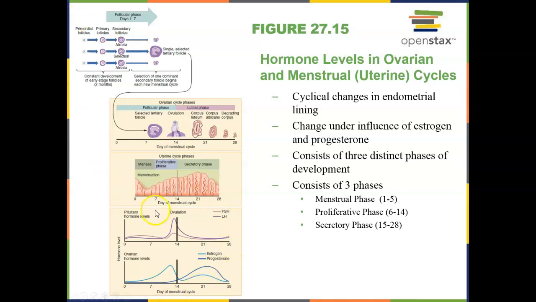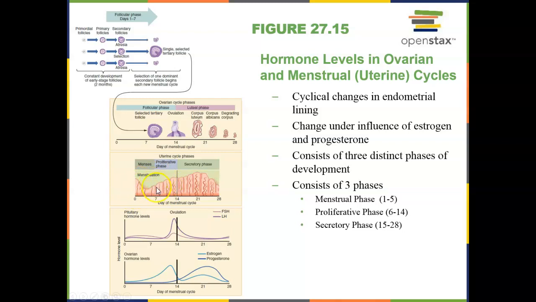So days 1 through 5 is the menstrual cycle. During this time, we have low levels of luteinizing and follicle stimulating hormone being released. That means that we have low levels of estrogen and progesterone in our system. That low level stimulates the release of our menses, and that endometrial lining sheds off.